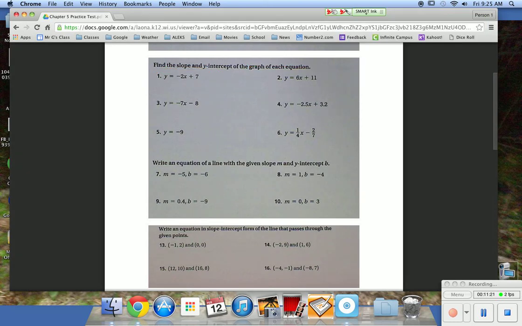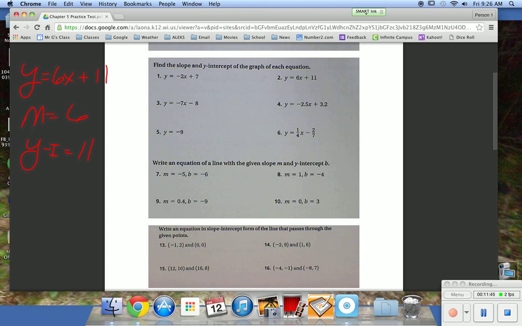Trevor. Y equals 6x plus 11. What's my slope? 6. M equals 6. What's my y-intercept? 11. Everybody see that? Any questions on that? Skip the rest of them?